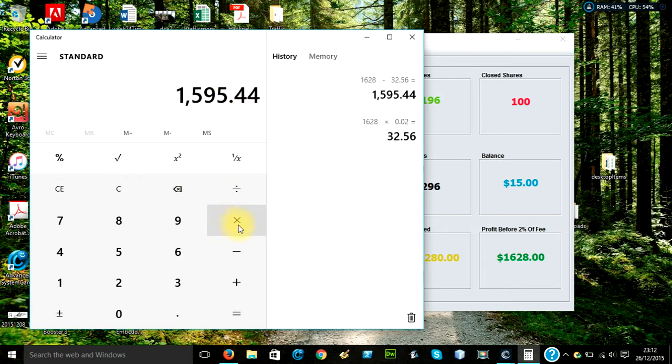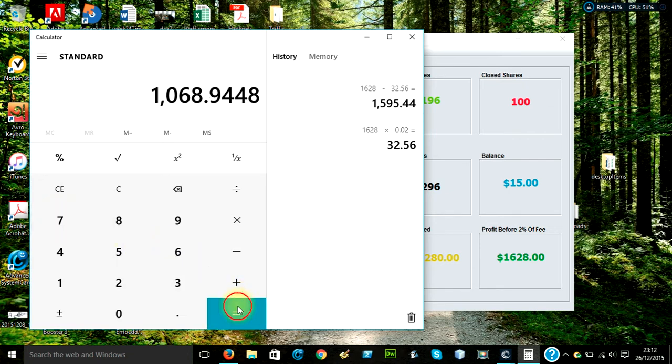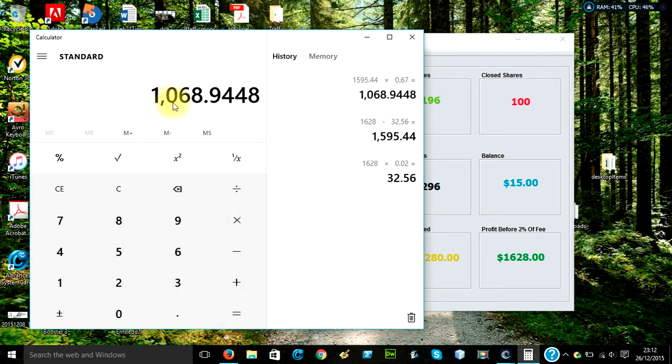And for anyone from the UK, if you multiply the answer by 0.67, you're going to make £1,068.94.95 pence in UK money.